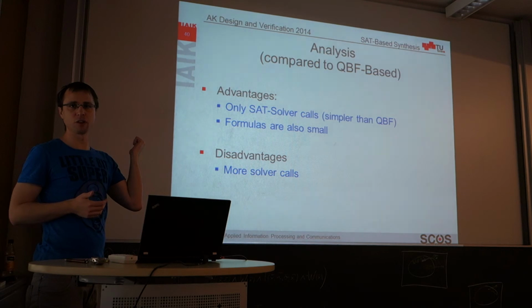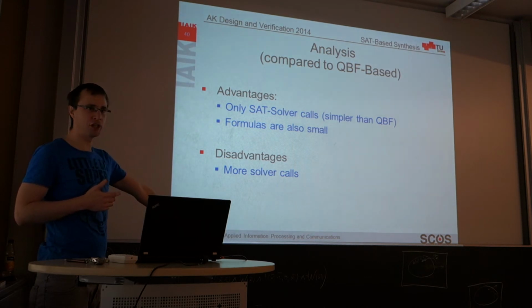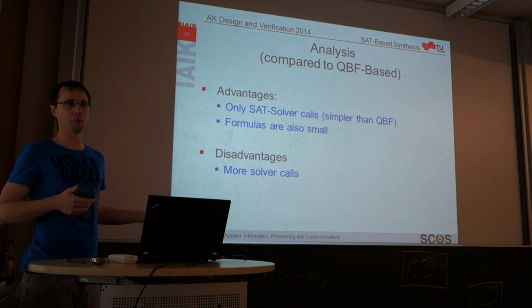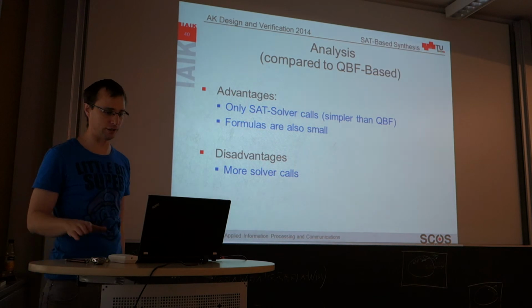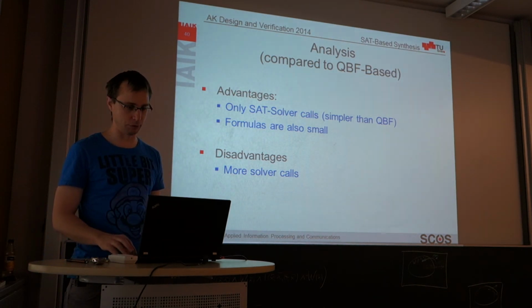The QBF-based learning approach requires around 1,000 calls to the QBF solver, and this approach here, I think, requires several millions of calls to the SAT solver, but they are so super fast that this is done in a few seconds. But we will discuss some experimental results a little bit later.